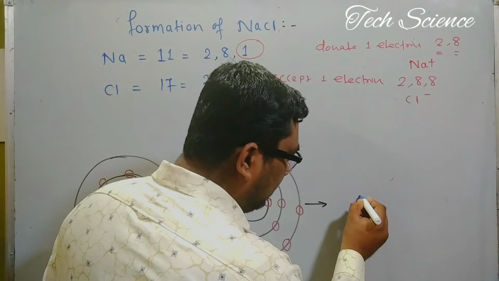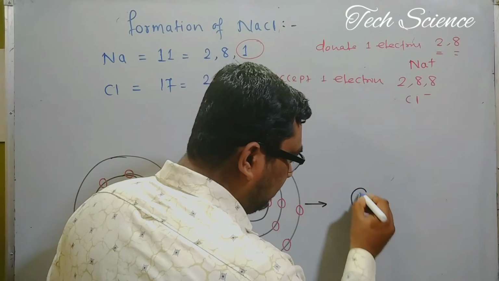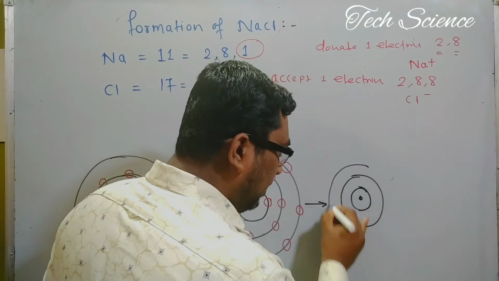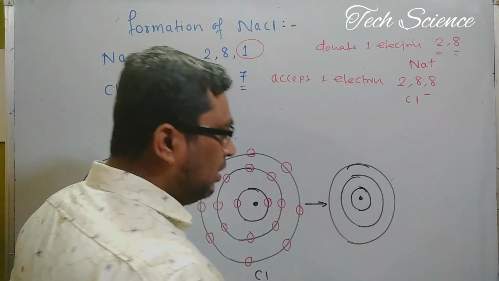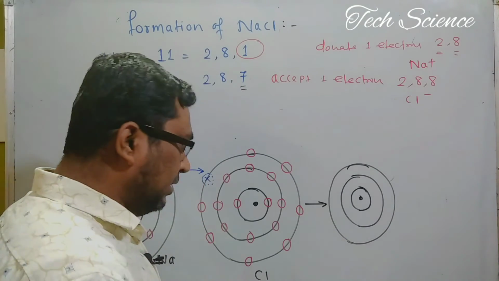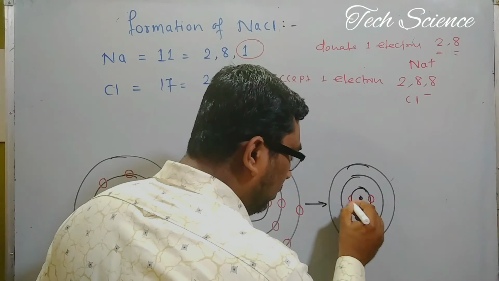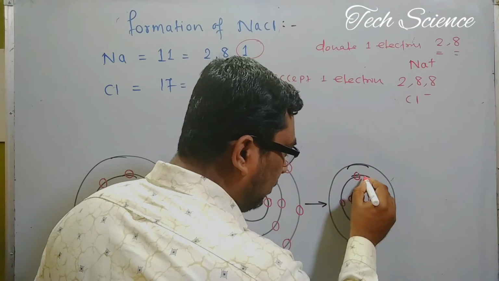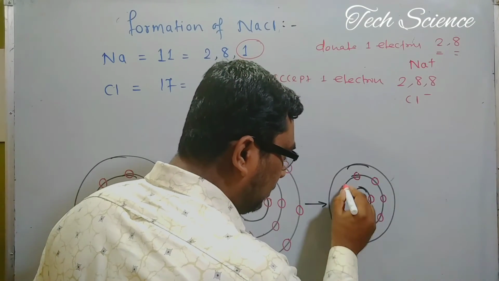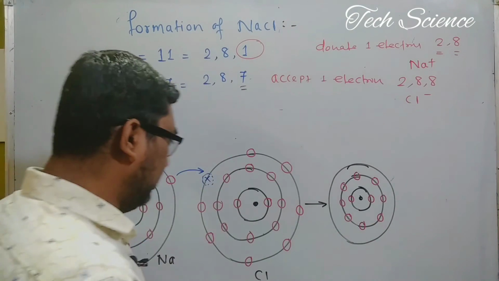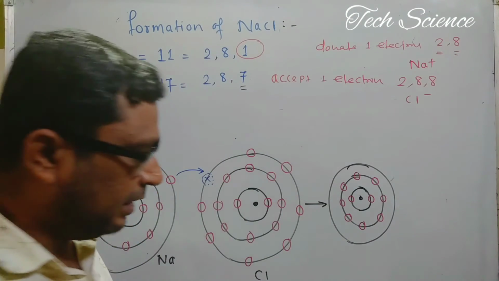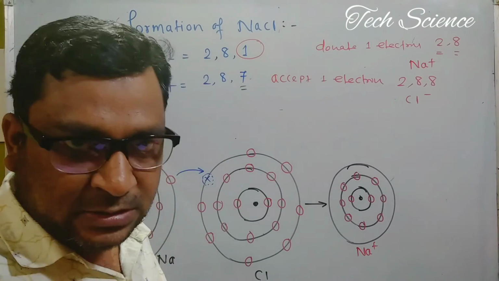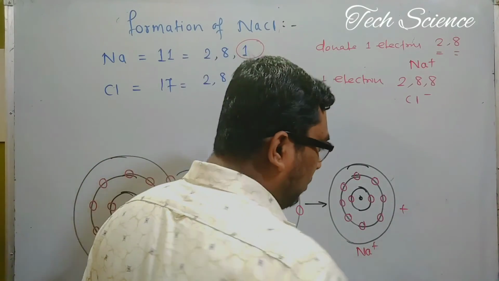Now the final diagram is, this is the nucleus of Na, this is the first orbit, this is the second orbit, and this is the last, called the third orbit, the outermost orbit. And here the electrons are like this, 2, 8, 1. The last 1 is not there because 1 electron is already donated, and now this Na turns into Na plus.